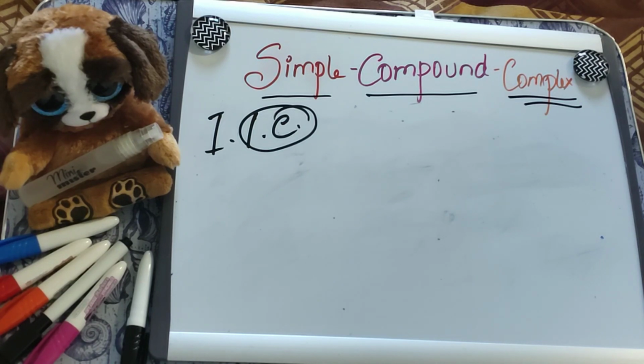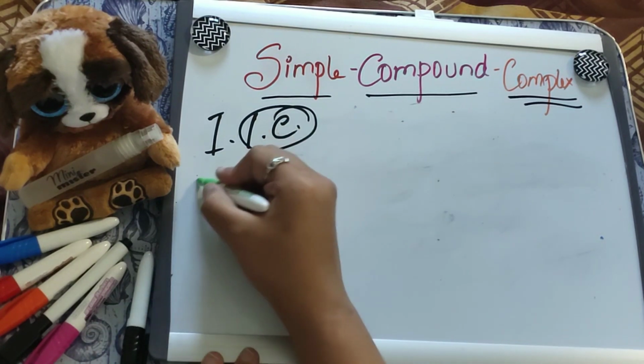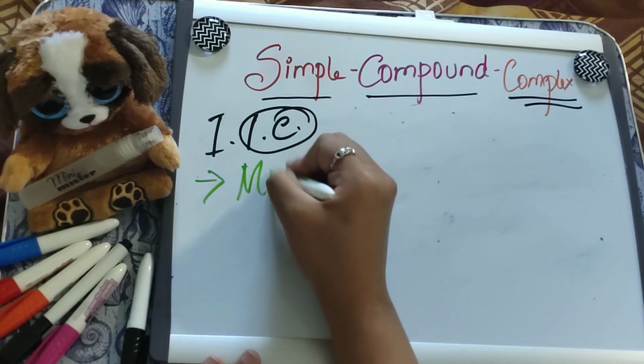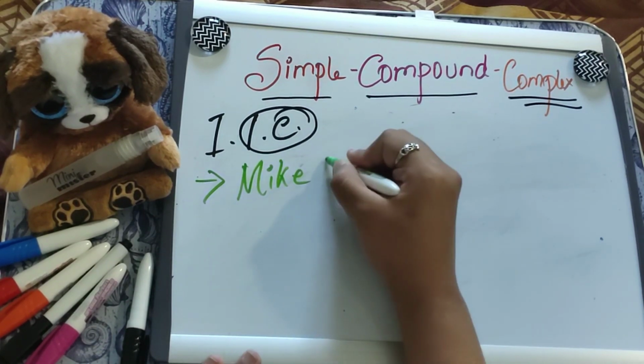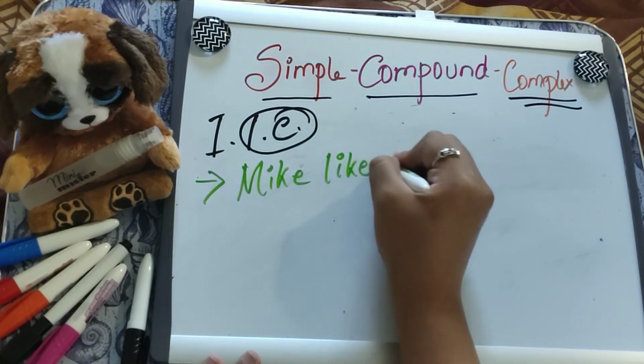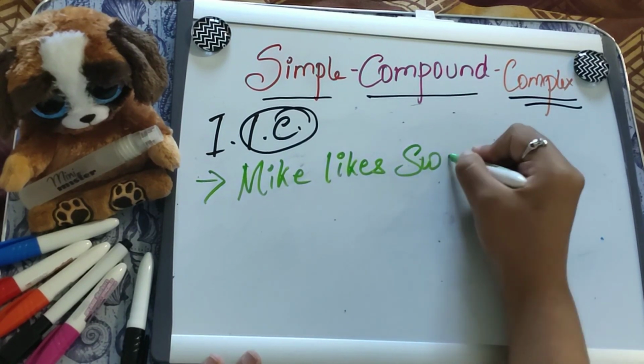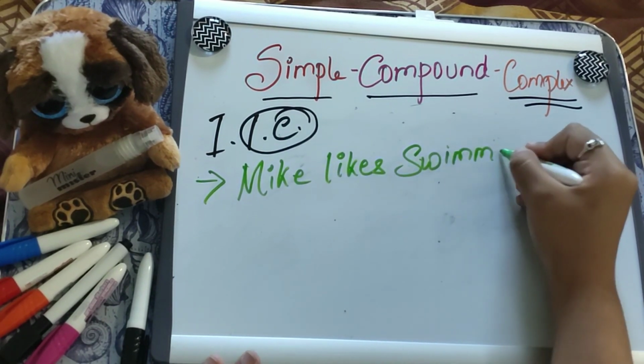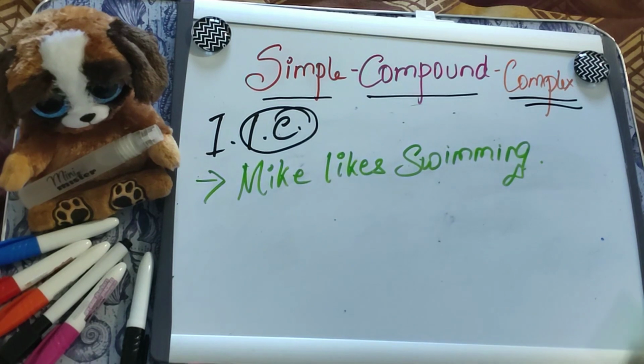So, examples of simple sentences that have an independent clause. First example, a simple one can be: Mike likes swimming. So this is a simple sentence.